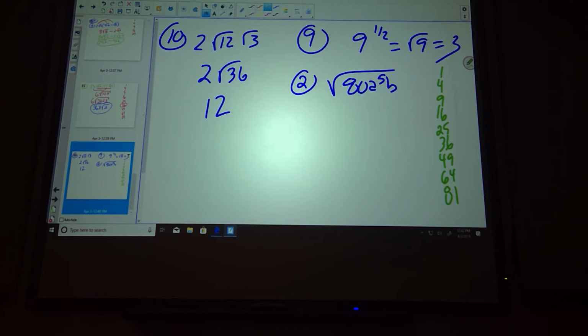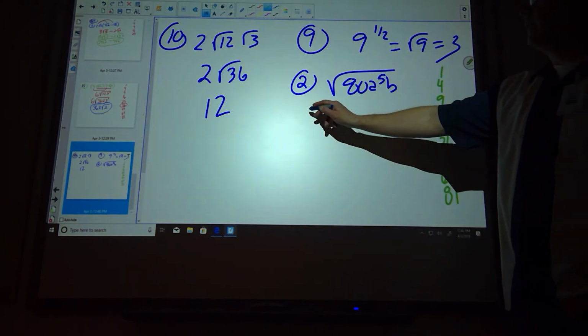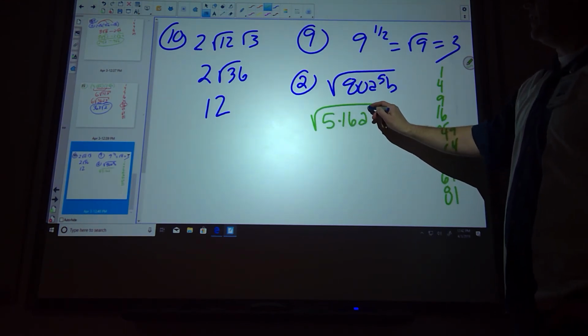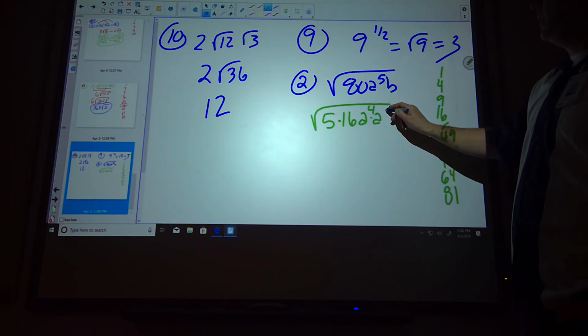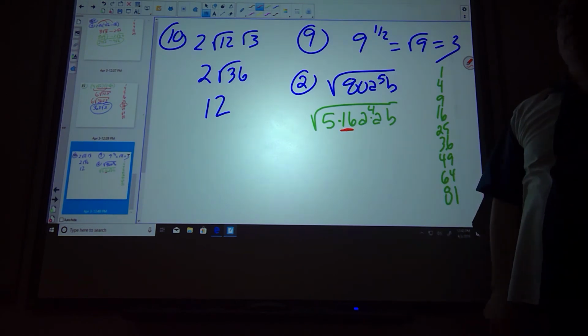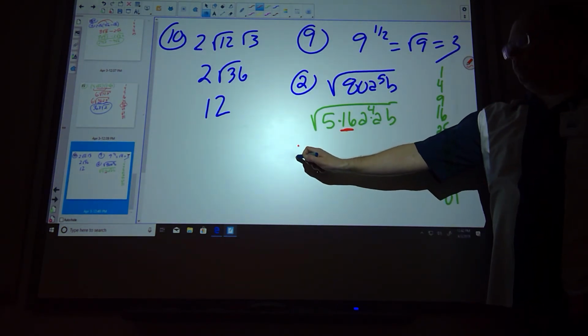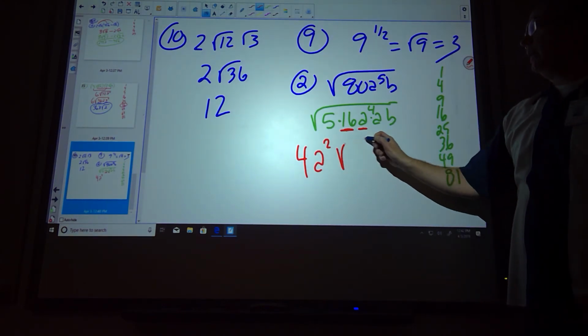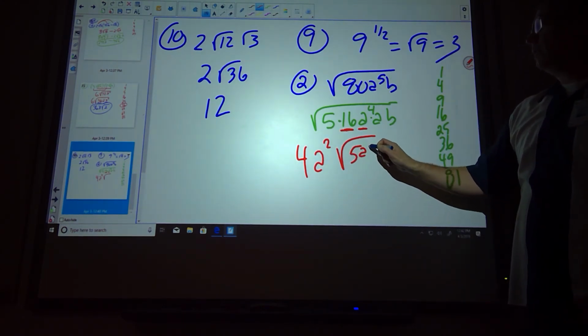I know 10 times 8, but I want a perfect square. 5 times 16, absolutely. So 5 times 16 is 80. And then I'm going to change a to the 5th to a to the 4th and a, and then b. Let's break it down. Square root of 16 is 4. Square root of a to the 4th is a squared. What's left behind? 5ab.